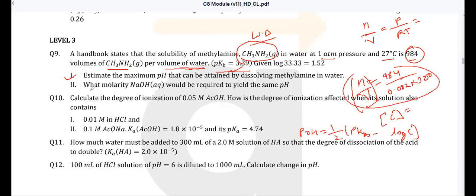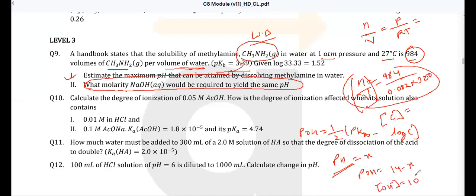Now, what molarity of NaOH would be required to yield the same pH? From here pH is calculated. Now we know that NaOH is a strong base. So if pH is suppose X, POH will be 14 minus X. So the concentration of OH minus will be 10 to the power minus (14 minus X).